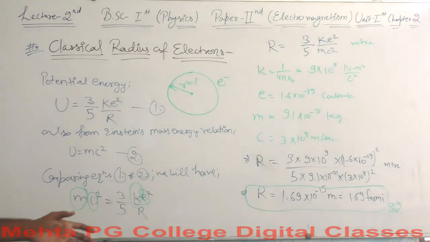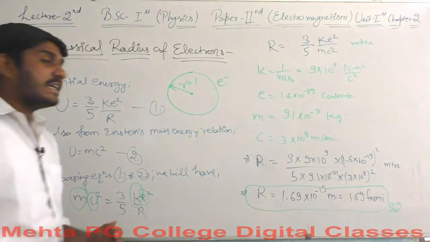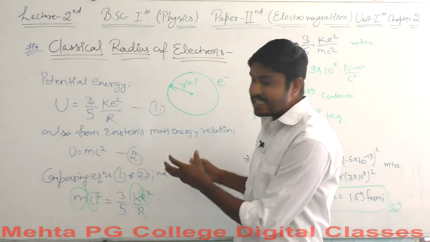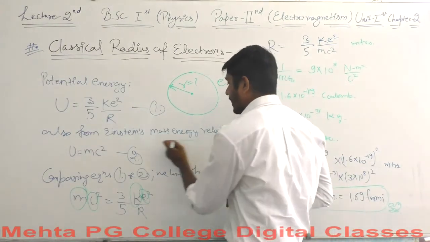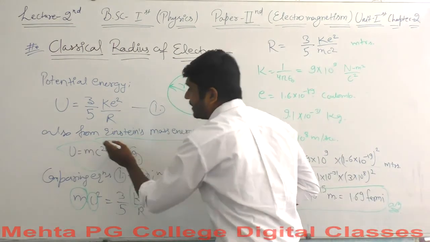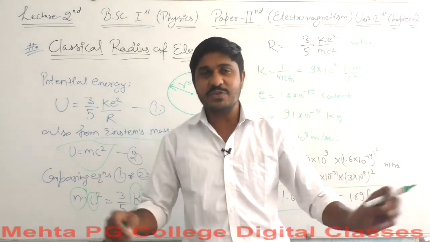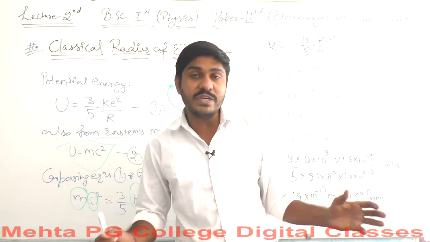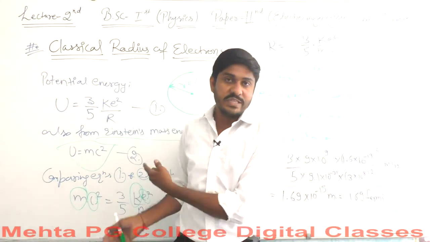Before starting the next topic, let me talk about one thing that we talked about earlier. I said that we will talk about one most interesting fact about Einstein's equation, the Einstein's mass energy relation. This equation is used widely for results calculated using this relation, and it always gives satisfactory results because they are pretty accurate.